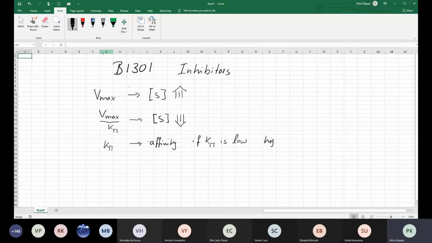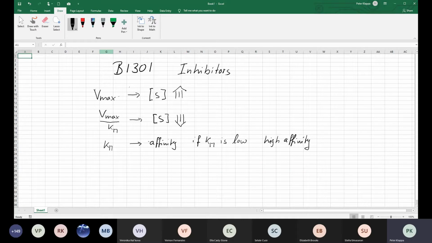The enzyme really likes the substrate, high affinity. So that's what we have here. So Km is low, low Km, high affinity, and the other way around, high Km, low affinity. So this is all good.